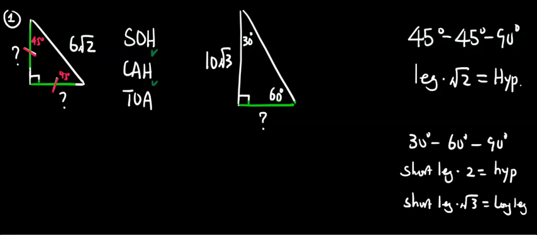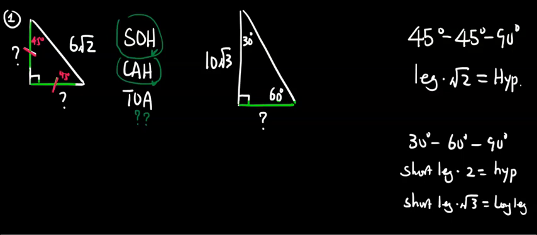Which means we can use either SOH or CAH. Do not use TOA, because if you use TOA, both of them are your missing length. So we can use opposite and hypotenuse to find the missing length. Once we know opposite, we definitely know adjacent because they have the same length.